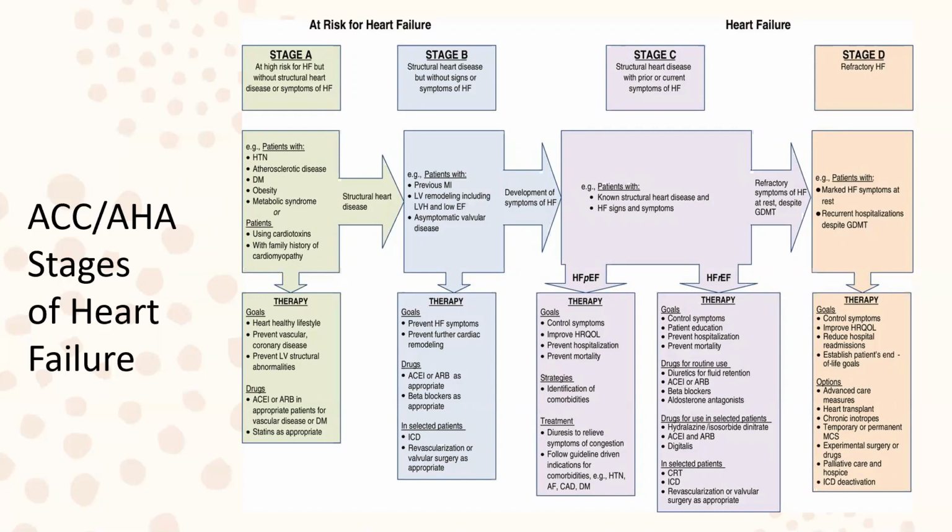Stage A, you would see at high risk for heart failure. Again, no structural disease or symptoms. B, now we do have structural disease, but we have no signs or symptoms. C, we do have structural heart disease, and we do have some symptoms. And D is going to be in that refractory period where they're having those symptoms even at rest.